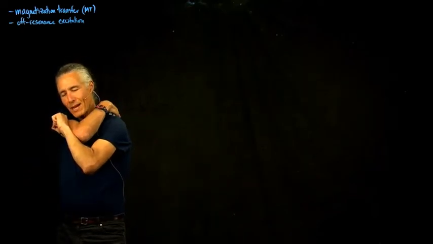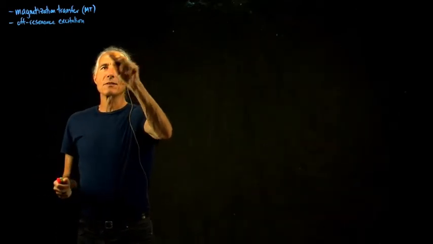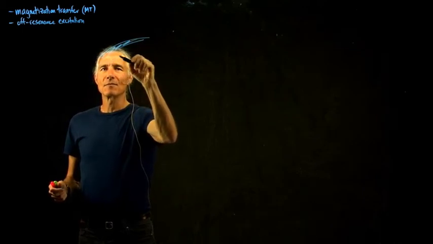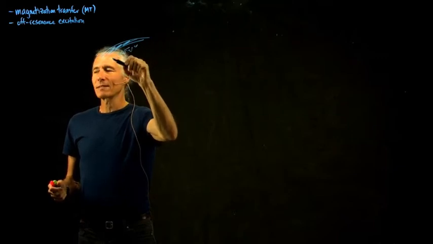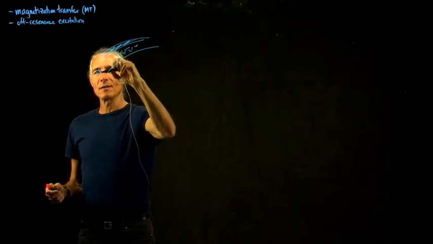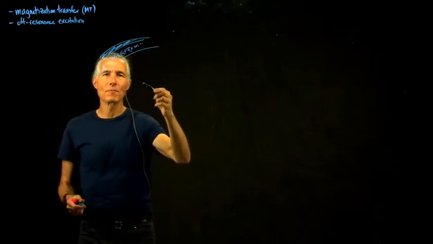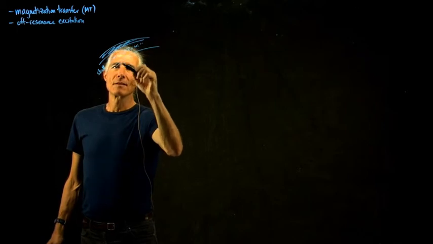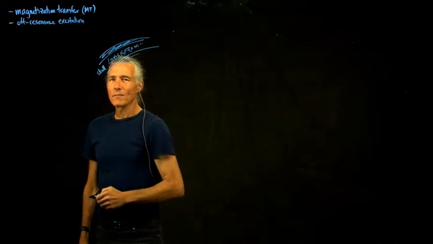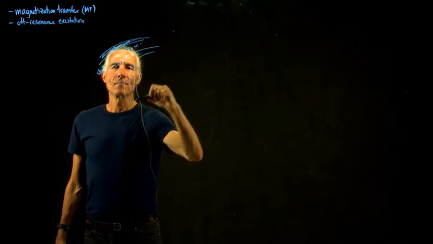I'll just draw the skull really quickly. You've got the skin, and then there's the skull, which is black, and then you see some little white stuff that's all the vascularization in the bone, and then there's another layer of bone. So this whole thing is the skull. The stuff you can see is just the marrow of the skull, the bone marrow. And then inside there's the dura, and there's some CSF, which is also black. So you can't tell the difference between the skull and the CSF. And then here's the brain inside there.